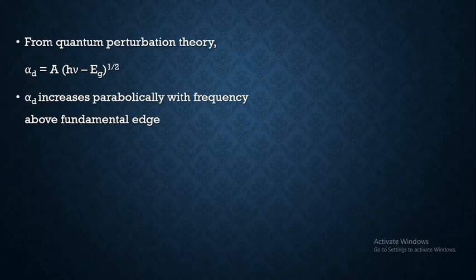So alpha d, the direct band gap absorption coefficient, increases parabolically with frequency nu above the fundamental edge, because at the fundamental edge h nu will be equal to Eg, so alpha d is 0. But after the fundamental edge, alpha d increases parabolically with respect to frequency nu. So let us understand by plotting a graph of alpha d as a function of photon energy h nu.